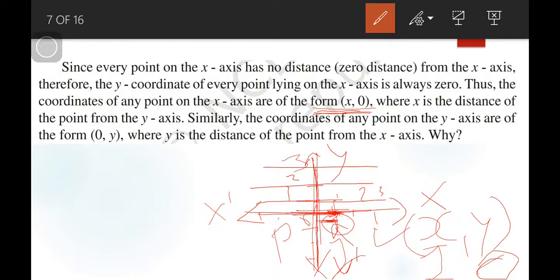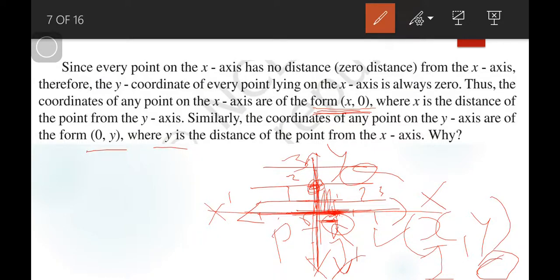As well as for a point on the y-axis, here if the second point is Q, then the distance from the x-axis is denoted by y, so 0 comma y. So on the y-axis, if one point is given, then the coordinates of this point are 0 comma y, and y is the distance from the x-axis.